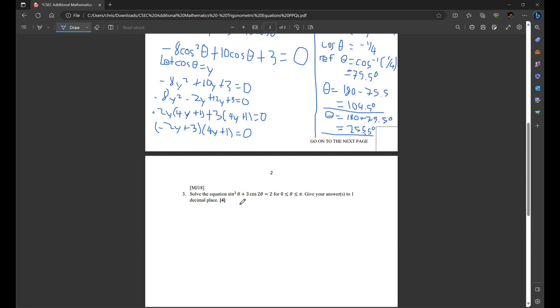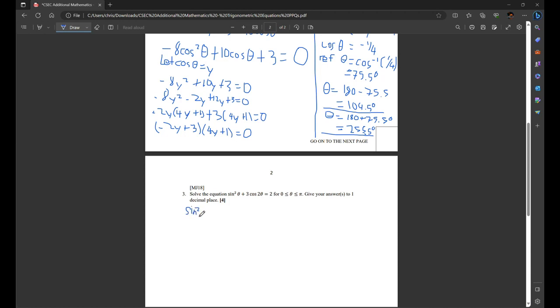So our other variable is sine squared, right? Which means that if we're rewriting cos 2 theta and we want only one variable, we should use the version of the formula that only has sine in it, which is of course 1 minus 2 sine squared theta. So we're going to substitute that into our equation.